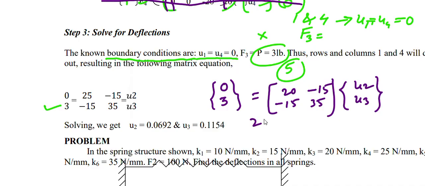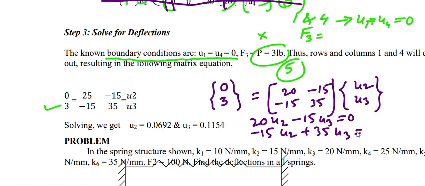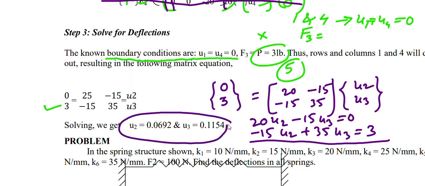So 20 u2 minus 15 u3 is equal to 0. Second one, minus 15 u2 plus 35 u3 is equal to how much? It is 3. Now you have the two unknowns. Using the calculator or using manually, you can just make the equation here, then you will get the u2 u3 value. Okay, so it should be in inch because the units are given in inch.